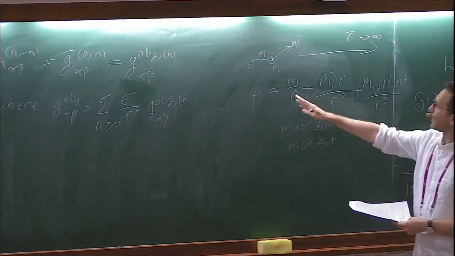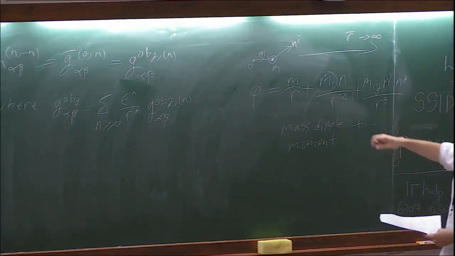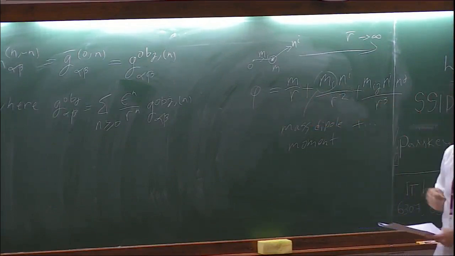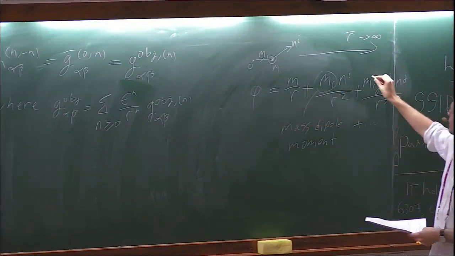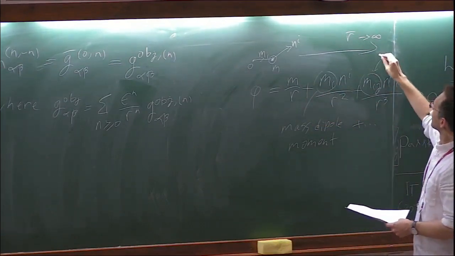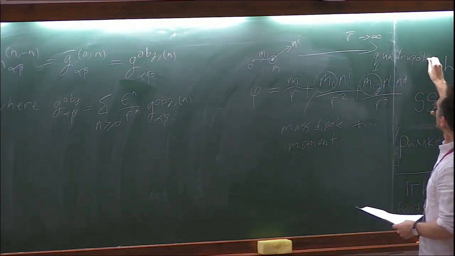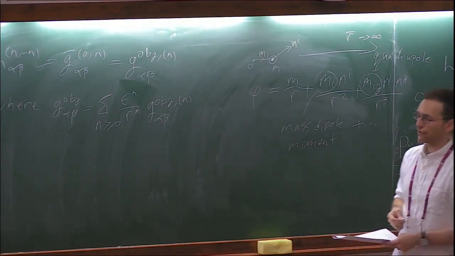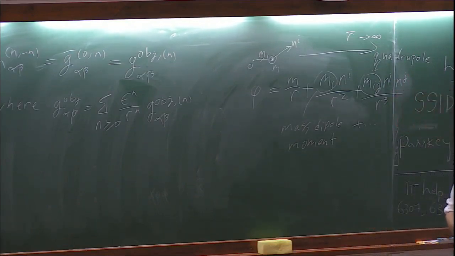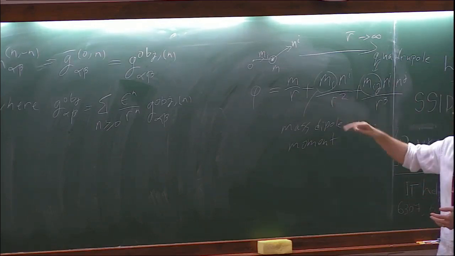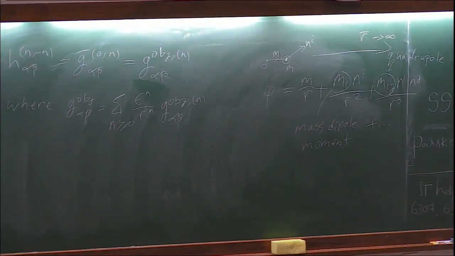You can define them just by going to large distance and defining them as the coefficients that appear in this expansion. And that's how things are done typically in GR. You define multipole moments of the spacetime by looking at the large R expansion and reading off coefficients in a particular way.